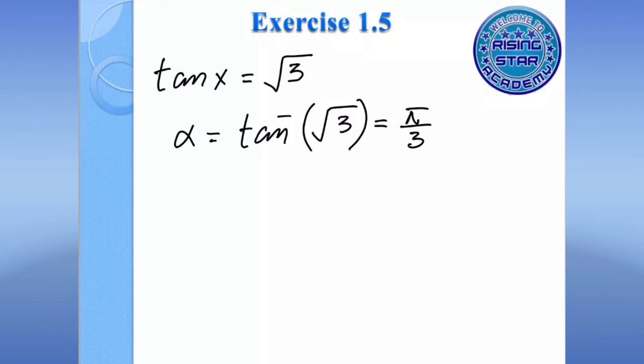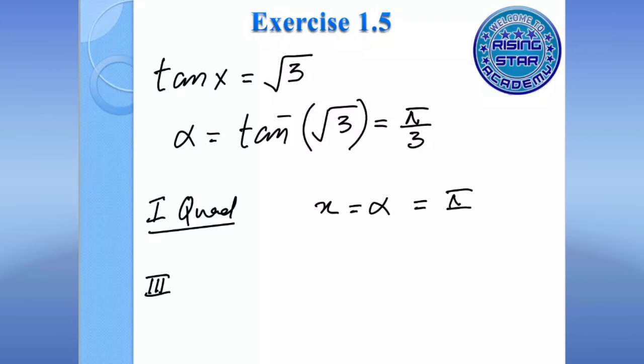Now we know that the tan is positive in quadrant number 1 and quadrant number 3. So now we will find the other possible angles. So for first quadrant, x would become equals to alpha, that is pi by 3. For third quadrant, we know that x would be equals to pi plus alpha.